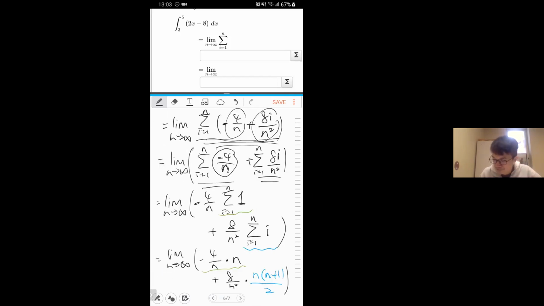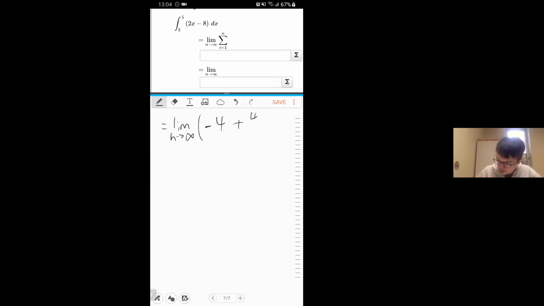The second term, you get the top is 4 times n plus 1 divided by n squared. Questions?